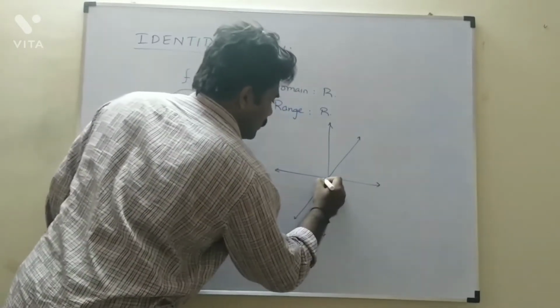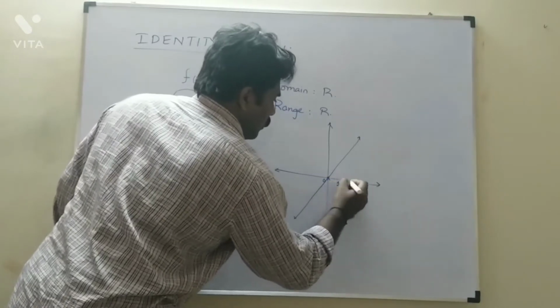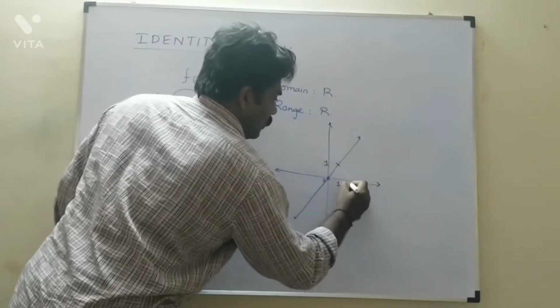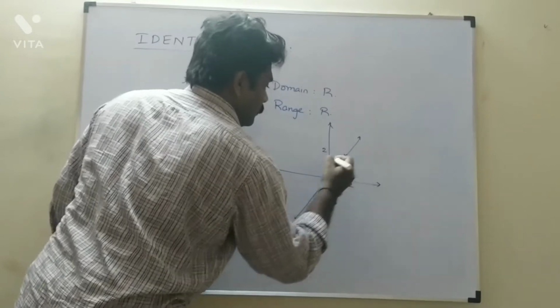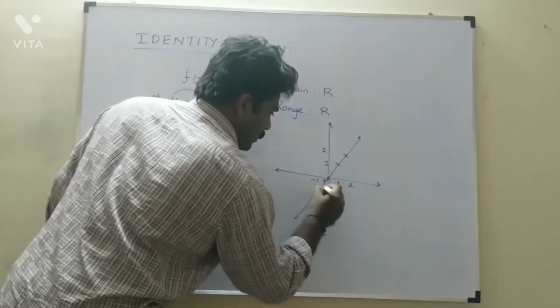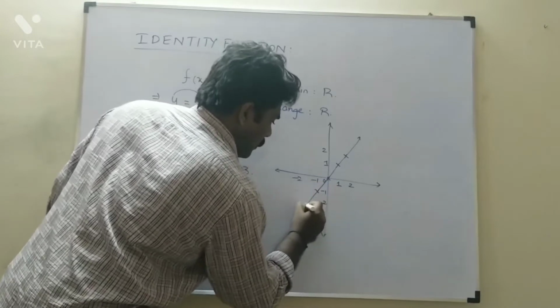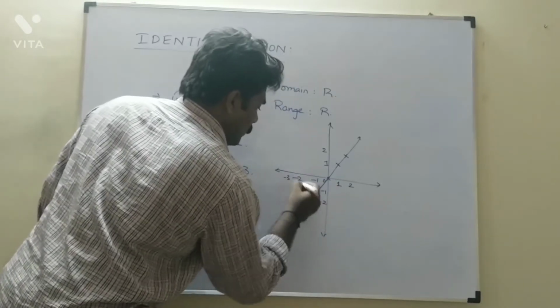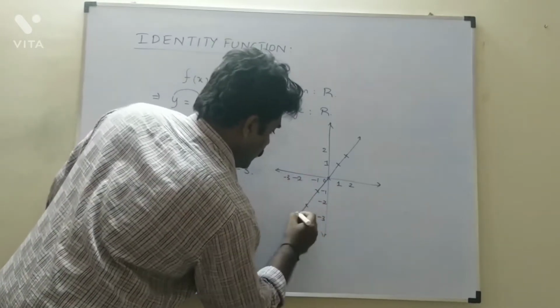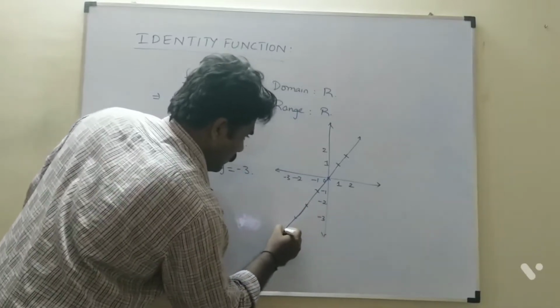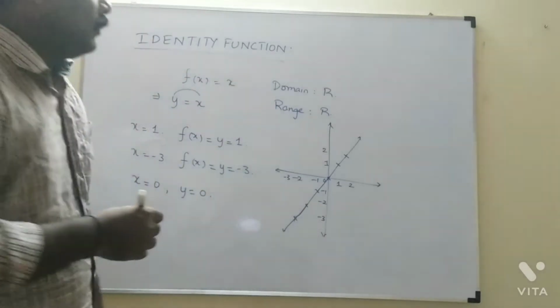So for example, this is (0, 0), (1, 1), (2, 2), or let us say (minus 1, minus 1), (minus 2, minus 2), (minus 3, minus 3). Right? Like this.